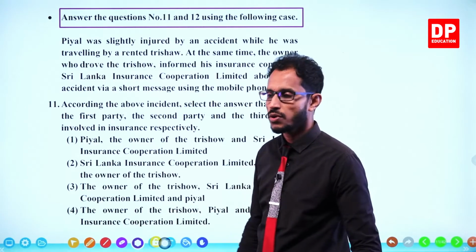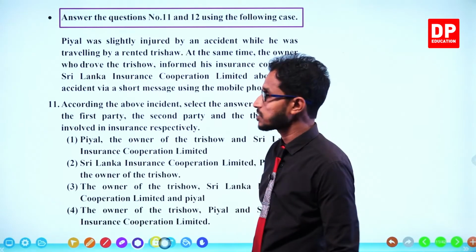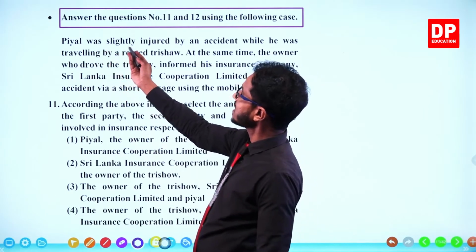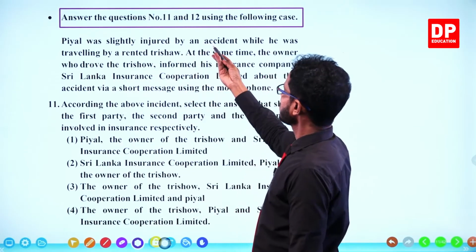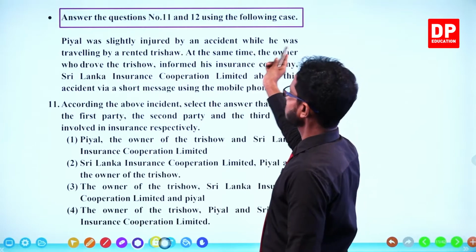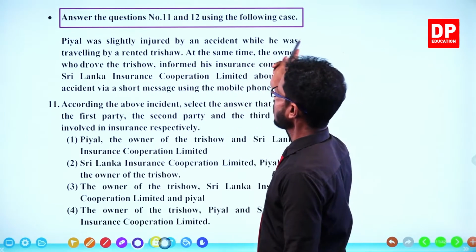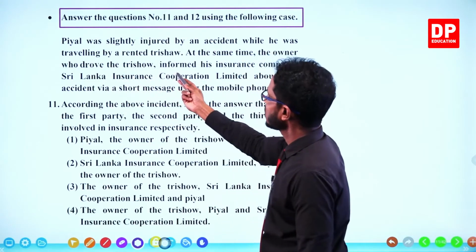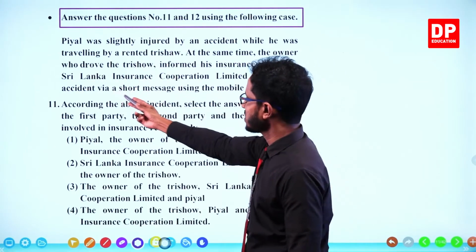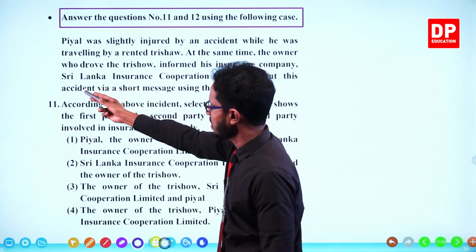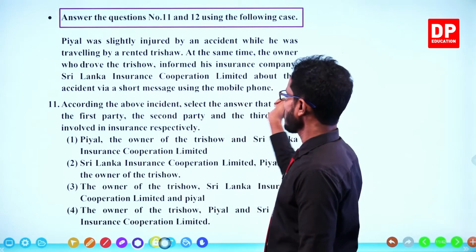So luckily Pierre was slightly injured, he survived. At the same time, the owner who drove the trishaw informed his insurance company, Sri Lanka Insurance Corporation Limited, about this accident via a short message SMS using the mobile phone.